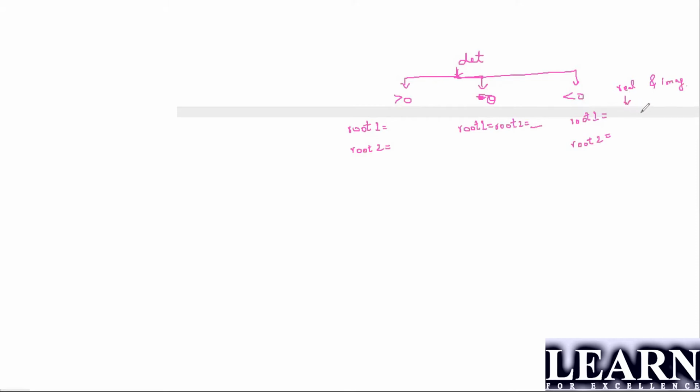In this, real part plus i of imaginary part, similarly real part minus i of imaginary part. So if one is plus, other one will be minus, right? So you have to go with this.